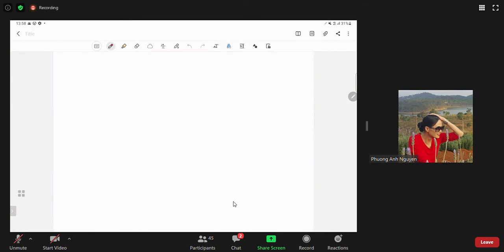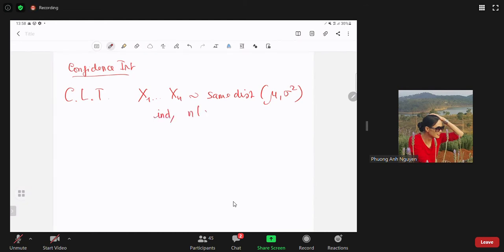Let's try to get the confidence interval, starting with the central limit theorem, which says that if I have n variables x1, x2, ..., xn, that all follow the same distribution with mean mu and variance sigma squared, and they are independent, and n is large enough, like greater than 30, then the sum will approximately follow the normal distribution with mean n mu and variance n sigma squared.